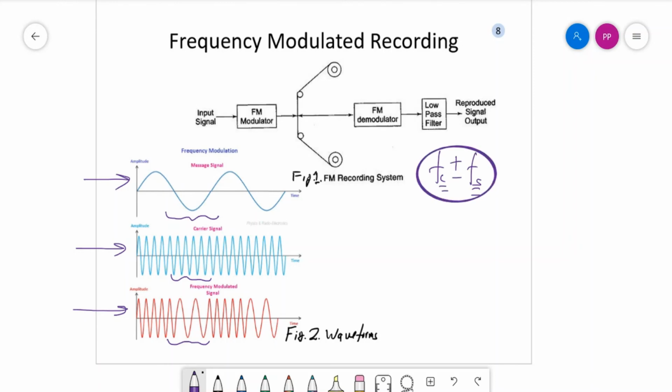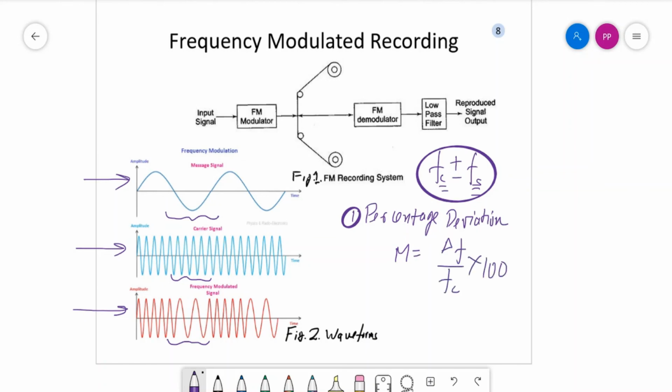So we have two parameters to study in the frequency modulation method. The first one is percentage deviation. As I have taken the central frequency as Fc, and suppose the deviation at an instant is delta F, I can find the percentage deviation as delta F divided by Fc into 100.